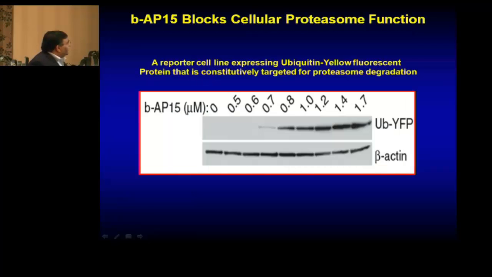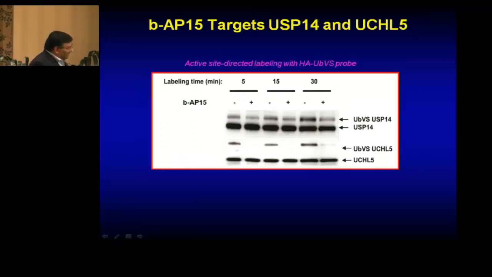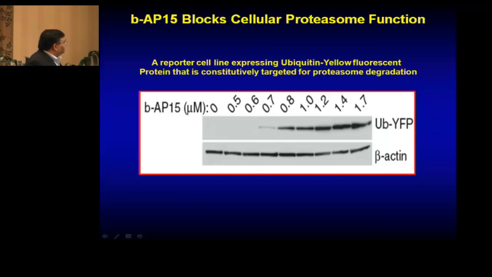What you see here is that BAP15 was able to decrease USP14 activity, evidenced by the decrease in labeling of the UbVS probe, and so it is true for UCHL5. So what we've shown so far is that BAP15 can target 19S DUB overall activities, and it can block USP14 and UCHL5.